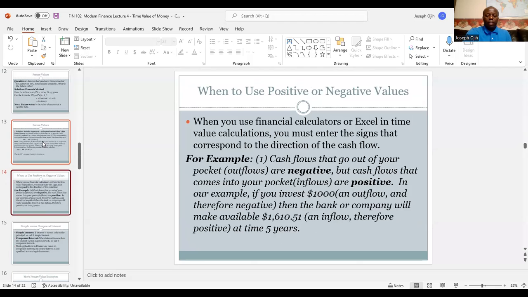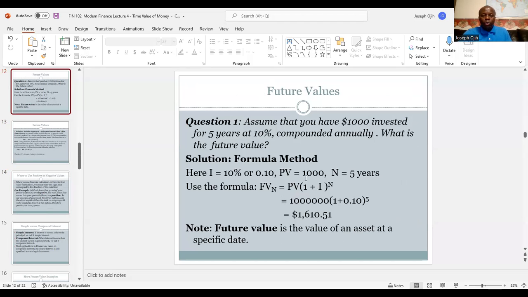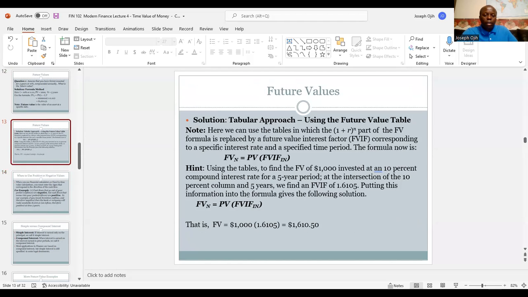Now, like I said, you have the same question. You have $1,000 invested for 5 years at 10% compounded annually. What is the future value? That means what will be the value of your investment after 5 years. So in that case, we go to the table. This is the formula here.